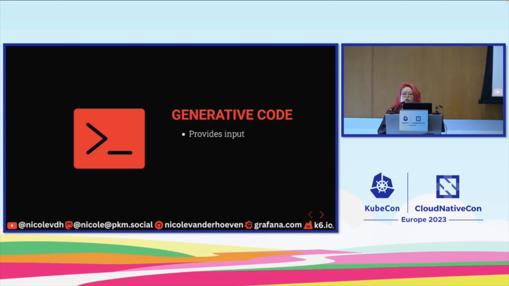So generative code provides input right up front, like here's where you are, this is the situation that you're in. And then it determines a range of affordances. This is a term that I'm borrowing from design, actually. When they talk of an affordance, they mean ways in which we can interact with something. So let's take a chair.